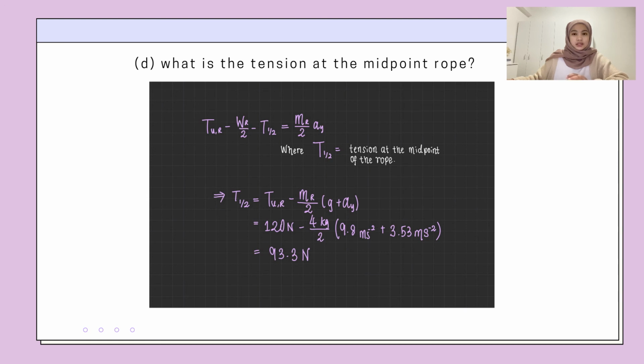It is exerted by the lower half of the rock, and W_R equals M_R g. Solving for T_half and substituting the known values of M_R, a_y, and T_UR, which is equal to T_RU, we find that T_half equals T_UR minus M_R over 2 times (g plus a_y), equal to 120 newtons minus 4 kg divided by 2 times (9.8 meters per second squared plus 3.53 meters per second squared). We get the tension at the midpoint of the heavy rock, which is 93.2 newtons.